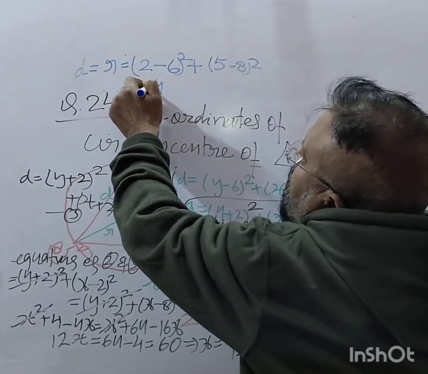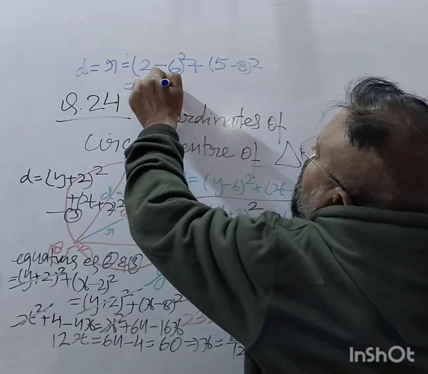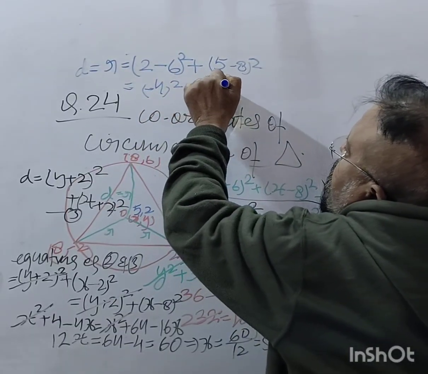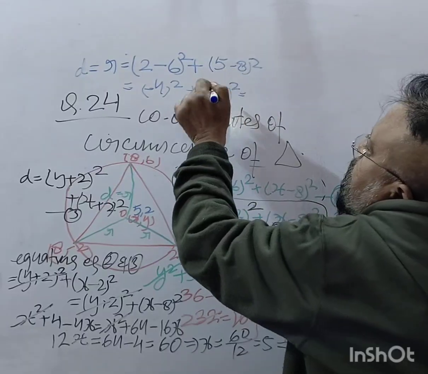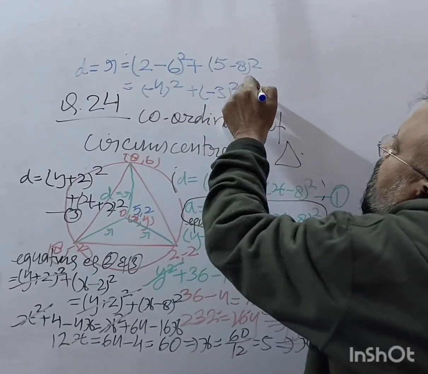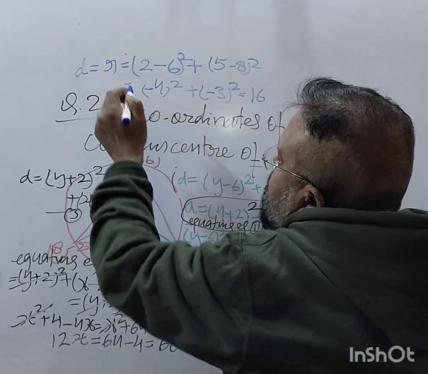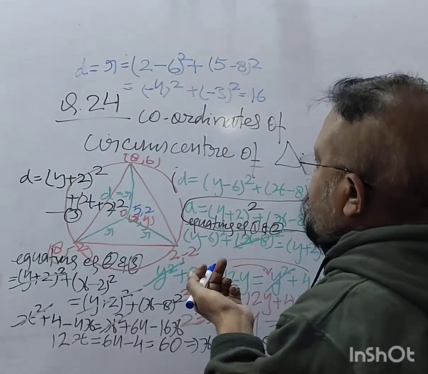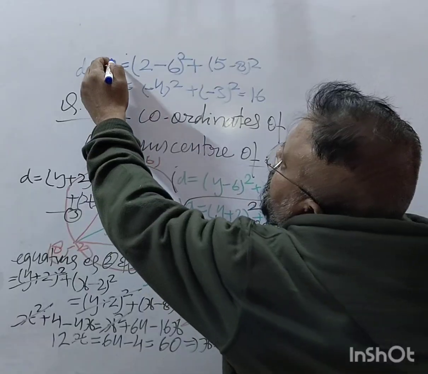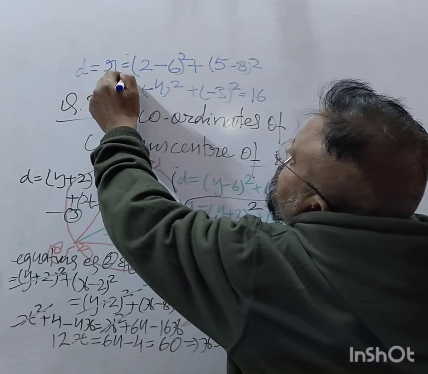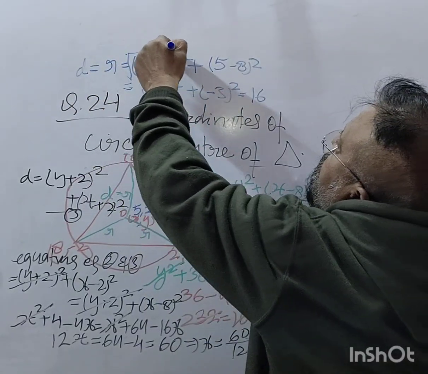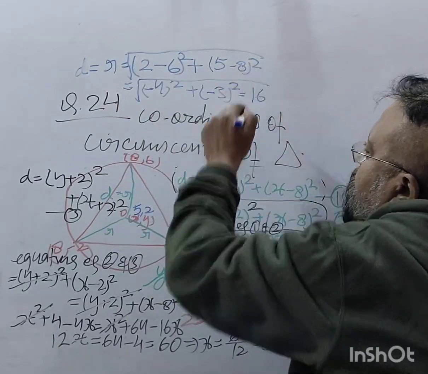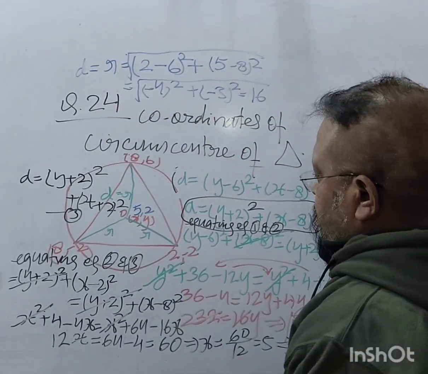4 square plus minus 3 square. It becomes 16 plus 9. This is for equating distance, that is fine, but when we are finding distance, it will be in square root.